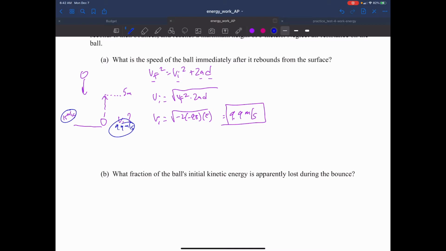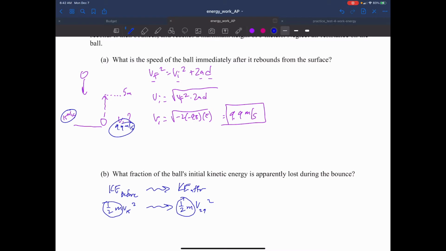Let's compare the kinetic energy before and after the impact. The kinetic energy before is 1/2 mv squared, with the 15 squared, and we're comparing that to 1/2 mv squared, where this is 9.9 squared. Obviously these other terms have not changed, so we're interested in the comparison between 15 squared and 9.9 squared.